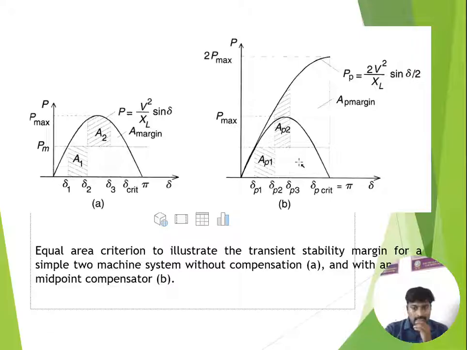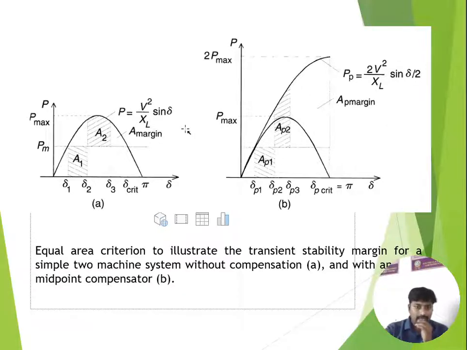That means, for example, if it crosses the delta critical value and comes to almost 160, 170, the system will collapse. But here it goes up to 180 and the system will be stable. Once it crosses 180 only, the system will collapse. By seeing this also, there is maximum area available to settle this transient issue.